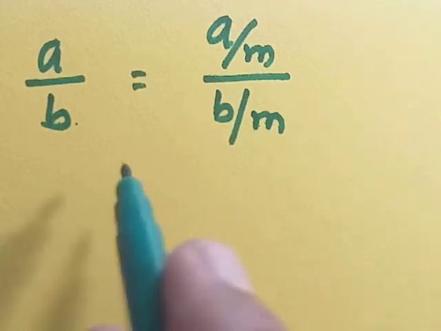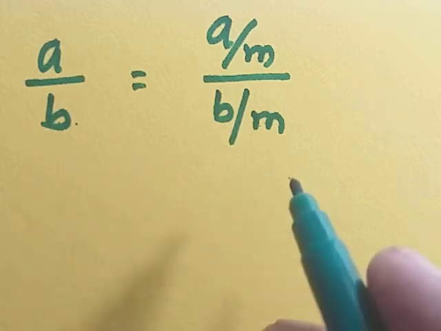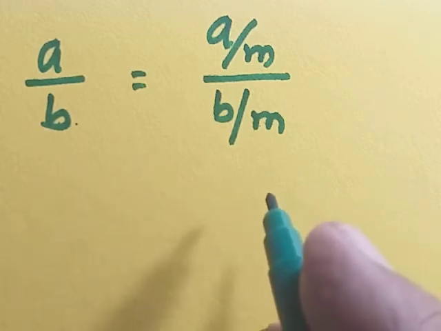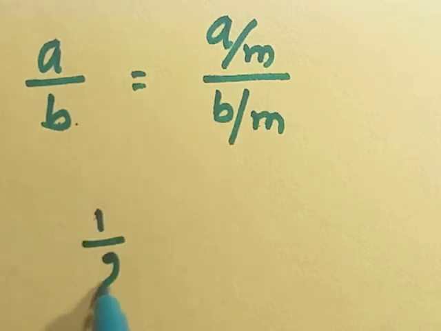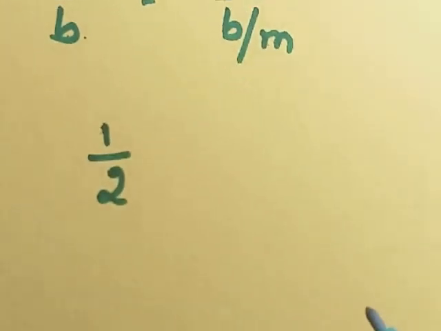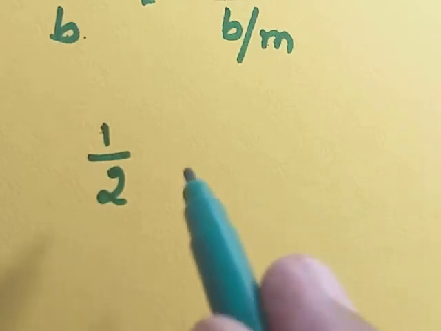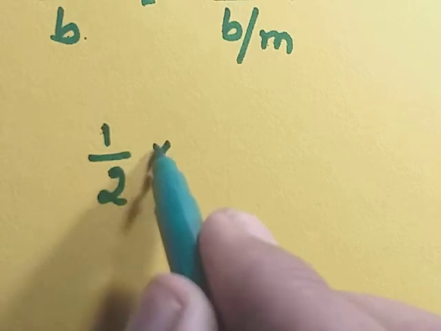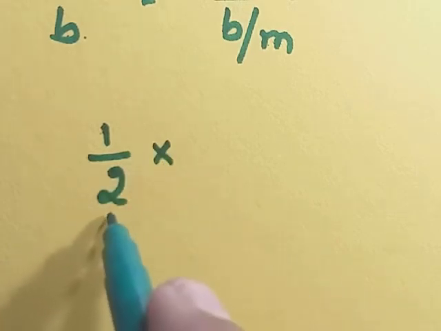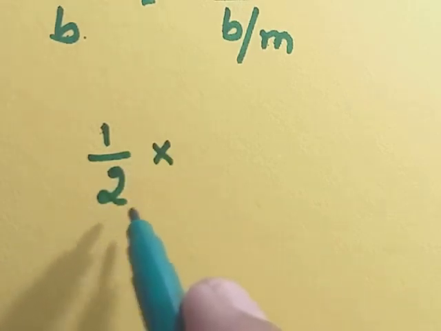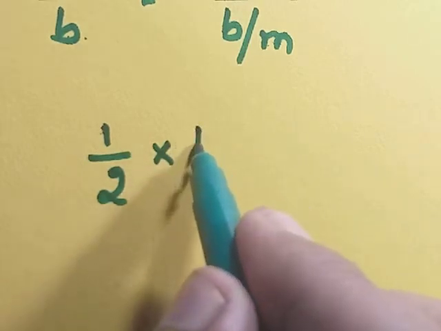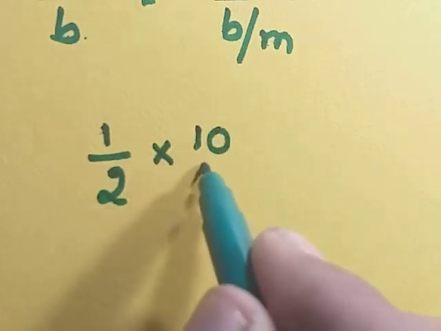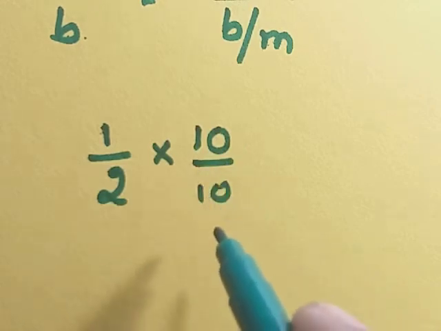And a fraction can be converted into a decimal expression. Suppose we have 1 by 2 as our fraction. Convert this into a decimal one. How we have to do it is, since it is a single digit here, multiply it by the least double digit number, that is 10 by 10.